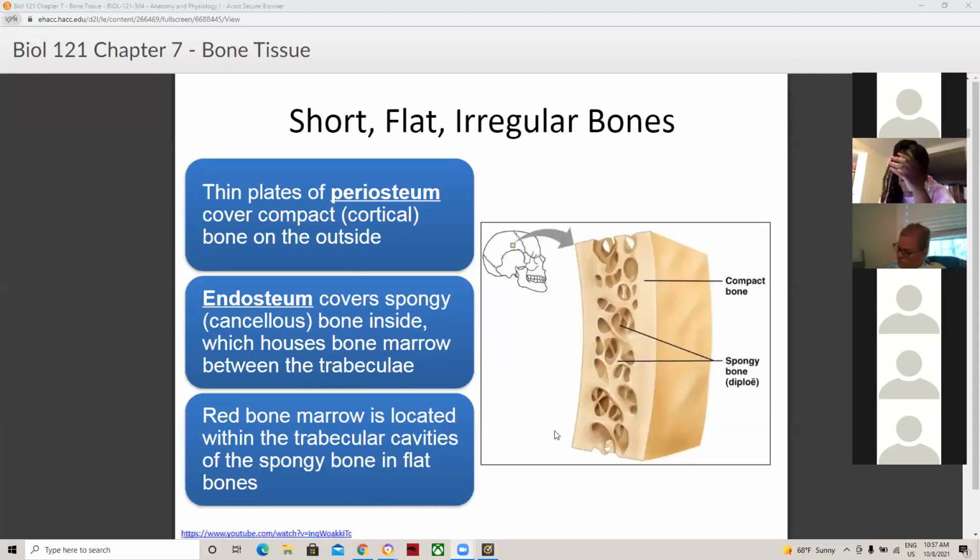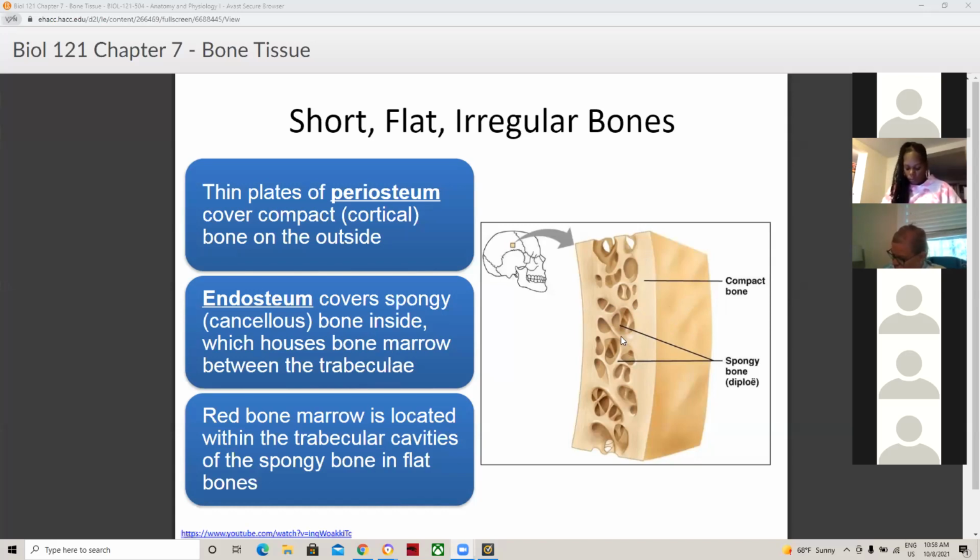With that in mind, we have compact bone on the outside. We have spongy or cancellous bone on the inside. Periosteum lines the compact bone. Endosteum lines the inside bone. Inside, in the cancellous spongy bone, it looks kind of spongy.